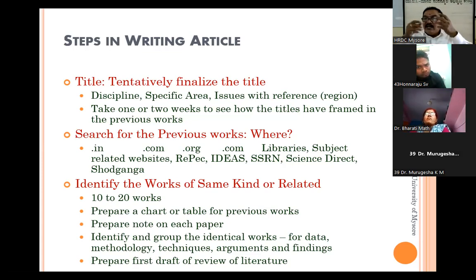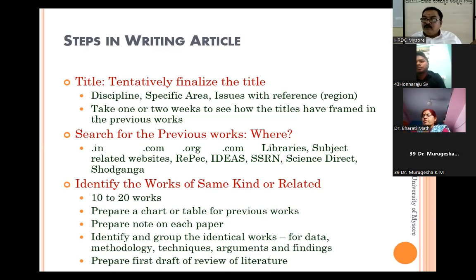So while writing the review of literature for the research article, how do you write? You will write that most of the previous research works discussed issues like so and so, and these research works have used this kind of data. These previous research works have followed this methodology and techniques.